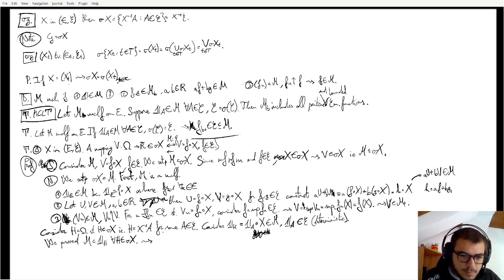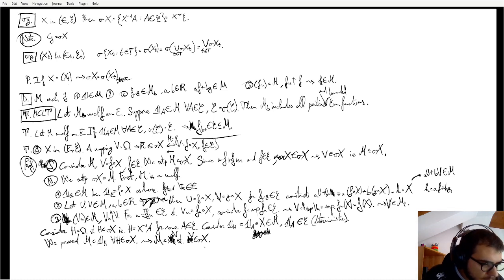So M contains all the positive random variables which are measurable with respect to sigma x. Now I would like to extend this not only to positive functions but to arbitrary functions. Now, okay, so we have this for positive functions.